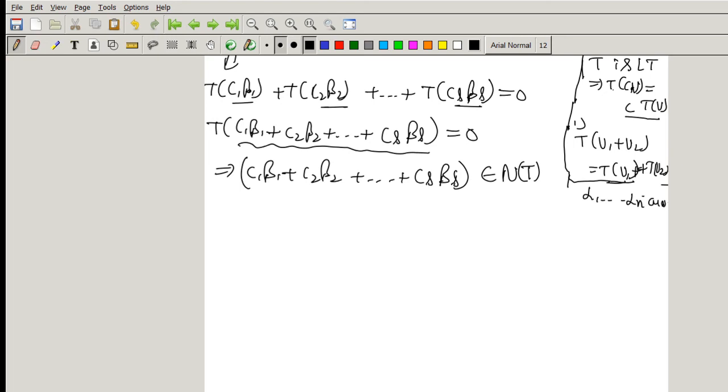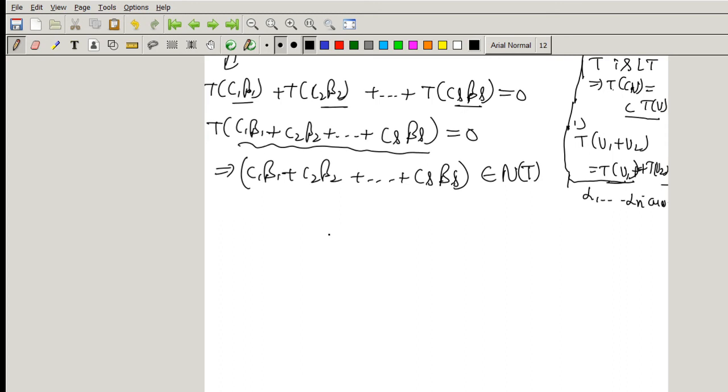Since these are the basis elements, any element of this vector space can be written as a linear combination of those basis elements. Suppose a set is a basis for N(T); then any vector in N(T) can be written as a linear combination of those basis elements.